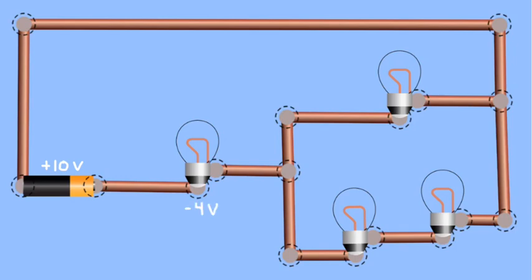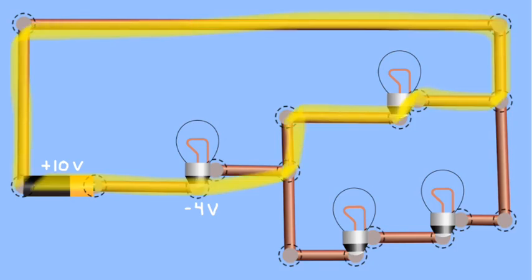Let's suppose that we measure the potential difference across a light bulb, and we get something like negative 4 volts. And then if we draw a loop, like what's highlighted in yellow, we can use those two pieces of information to figure out the voltage V1, I'm just going to call that V1 over here, of that second light bulb, just by realizing that as we go around that yellow highlighted loop, the voltages have to add up to 0.